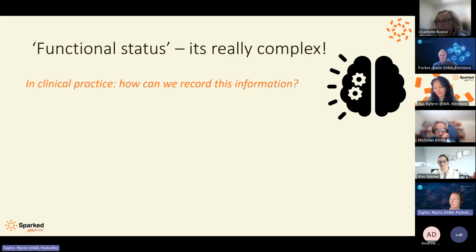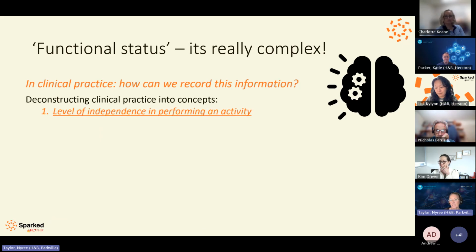Yeah, thanks. That's great. So then I guess what we really need to do is understand what is the functional status, and we know that it's really, really complex. And in clinical practice, we need to understand how can we record this information. So we start by having a brainstorm, and we start by looking at how do we deconstruct the clinical practice that we do every day into specific clinical concepts.